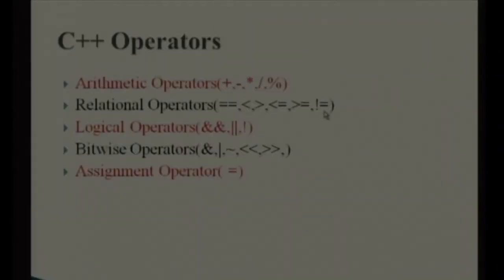So, we will decide on the basis of the result of that comparison whether this stands true or false. Similarly, greater than, less than, greater than or equal to and less than or equal to, and the last one, you can see on the screen, is not equal to, right.